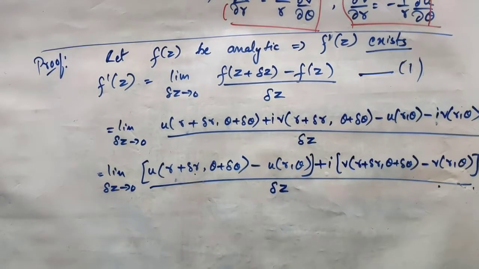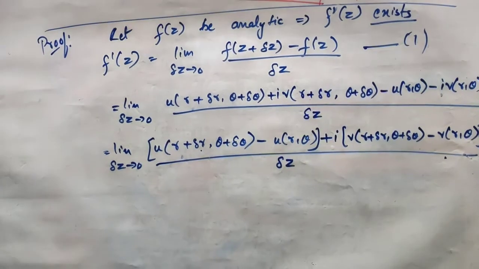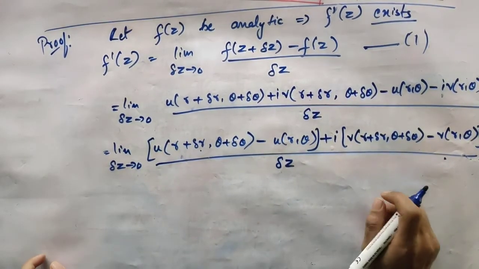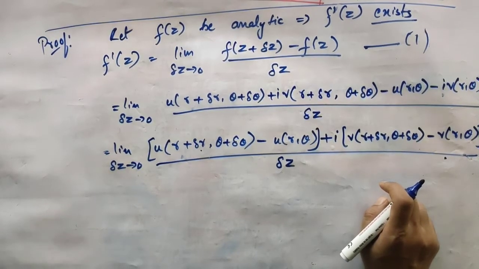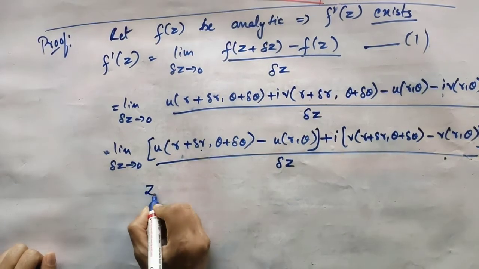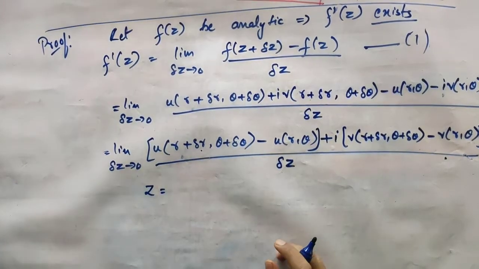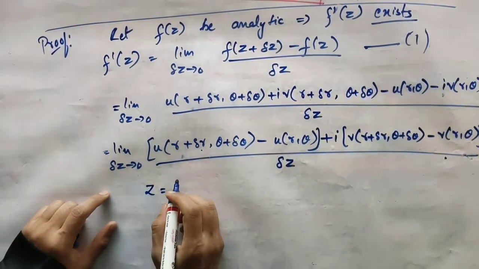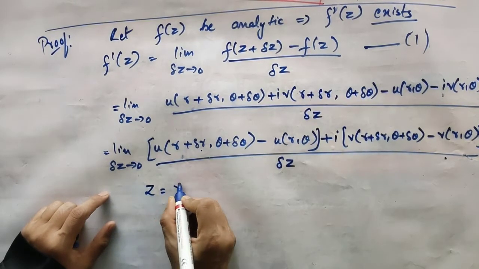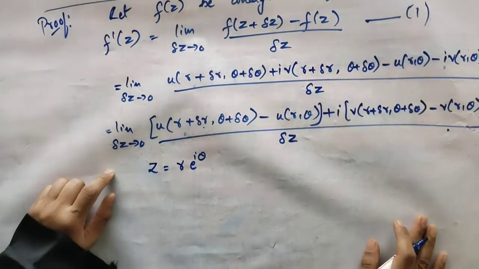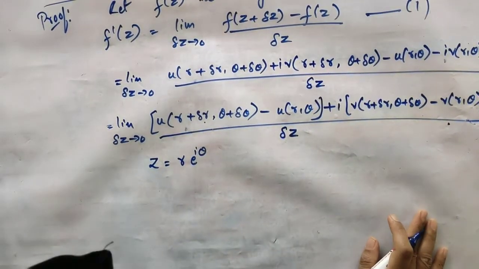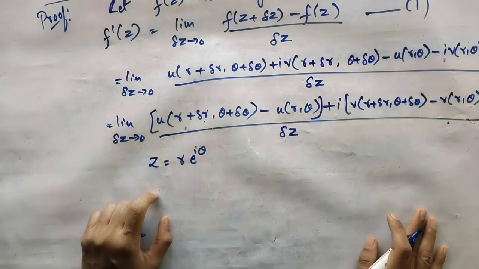After this we'll continue with how to take δz. Earlier it was very simple: when δz was defined in terms of x and y, δz was δx + i δy. But this time z has to be written in polar form. In the very first session I told you z in polar form is r e^(iθ).